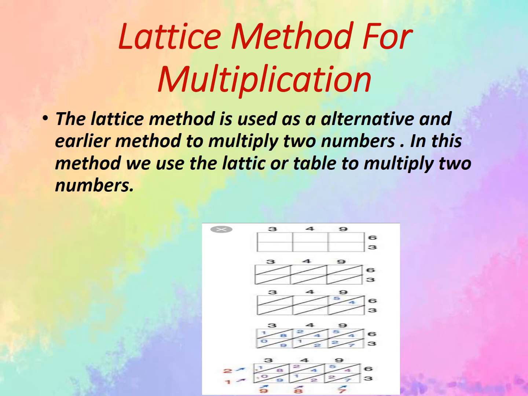See here, in picture number 3, I am multiplying 6 by 9, which is equal to 54. So 4 is in the place of ones, so I have written 4 on the lower side, and 5 is in the place of tens, so I have written it on the upper side.